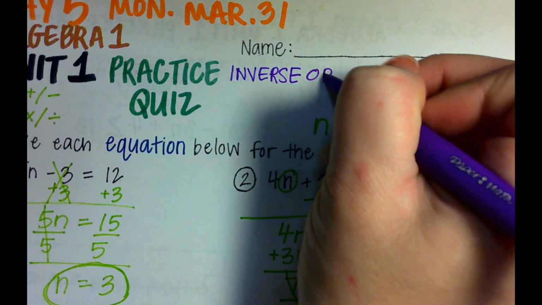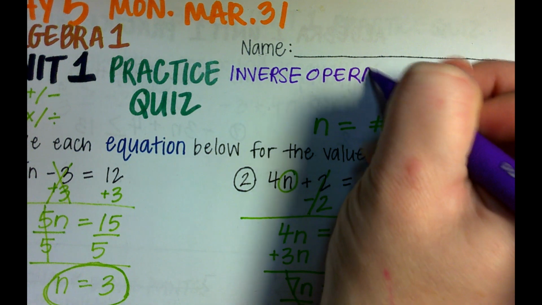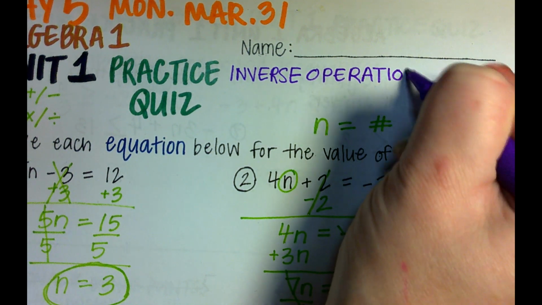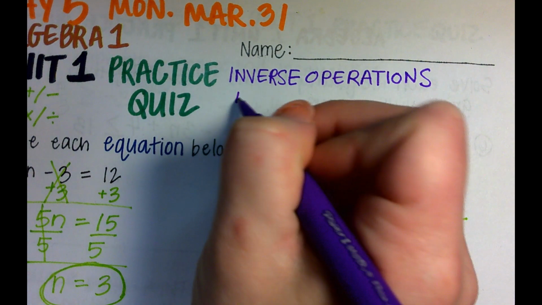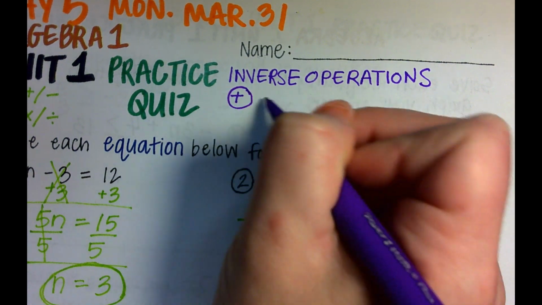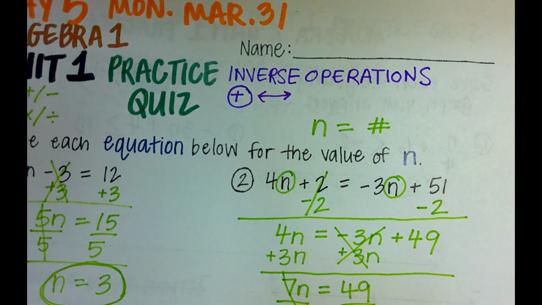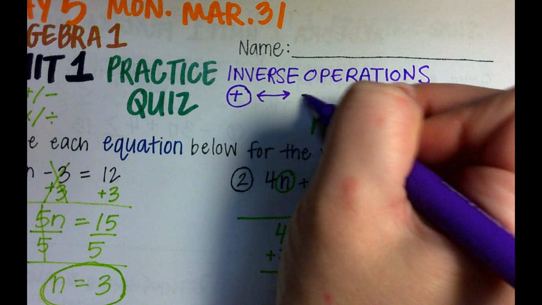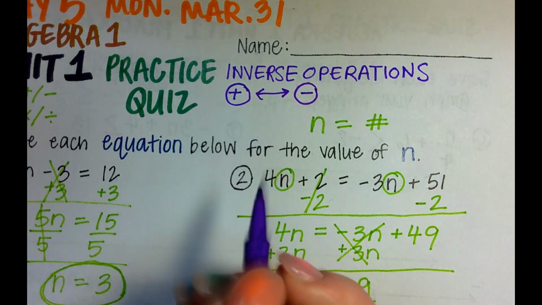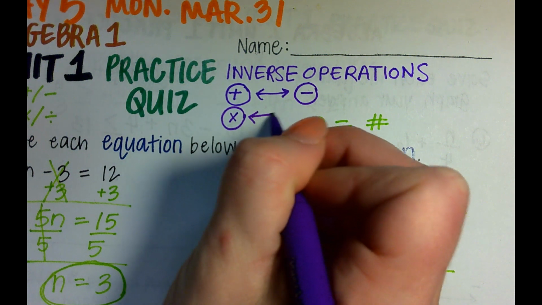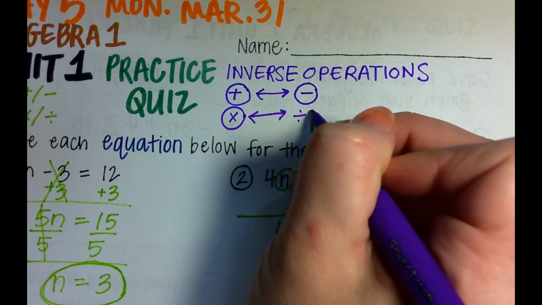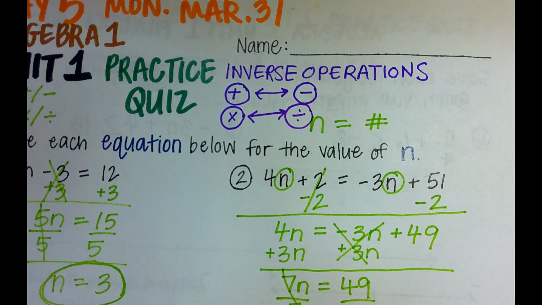Inverse operations. So just as a reminder, addition, what's the opposite of addition? Subtraction. And multiplication, what's the opposite of that? Yeah, division. Perfect. So those are the 4 main operations we are thinking about at this point.